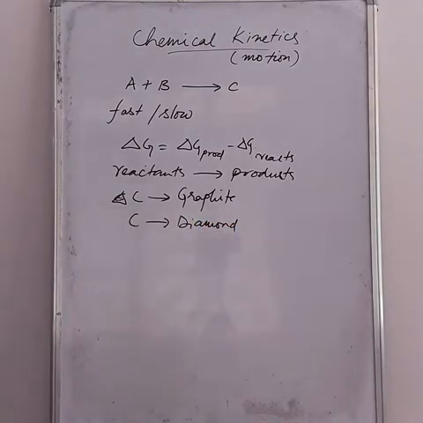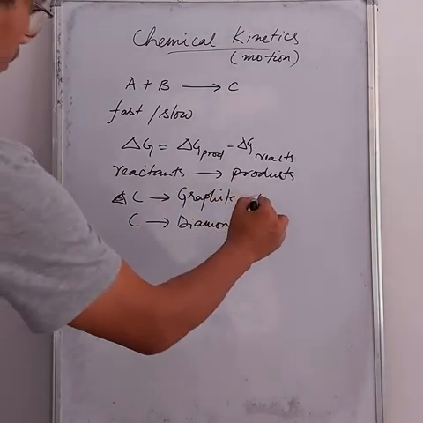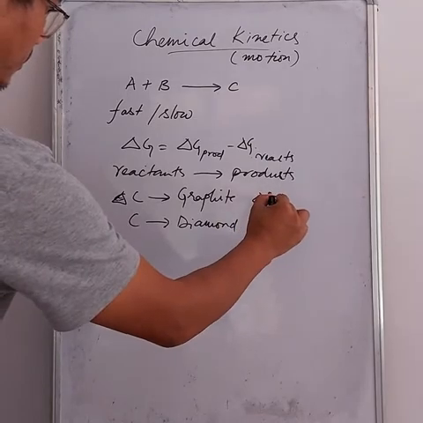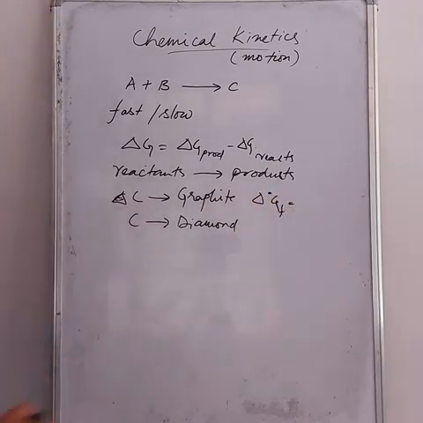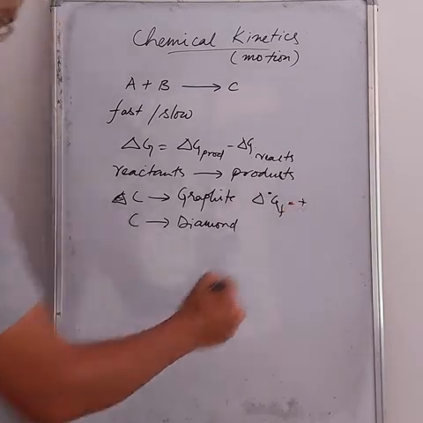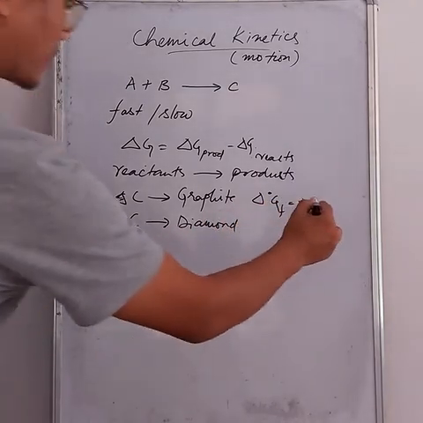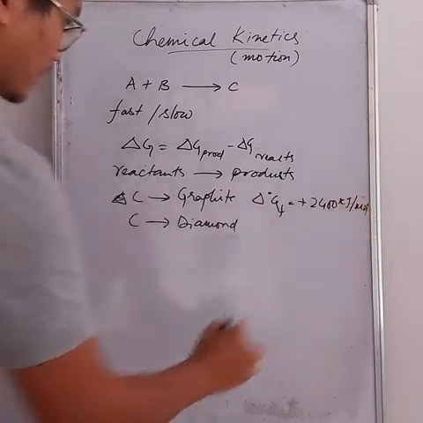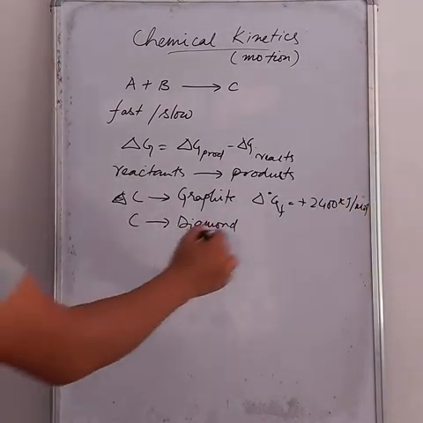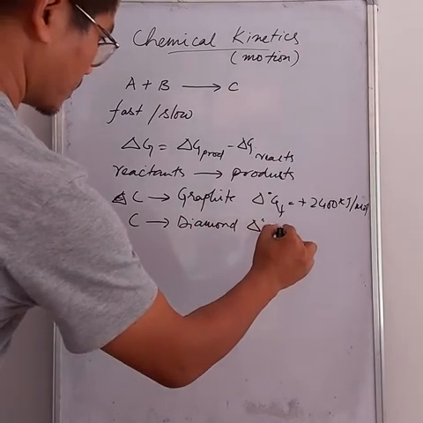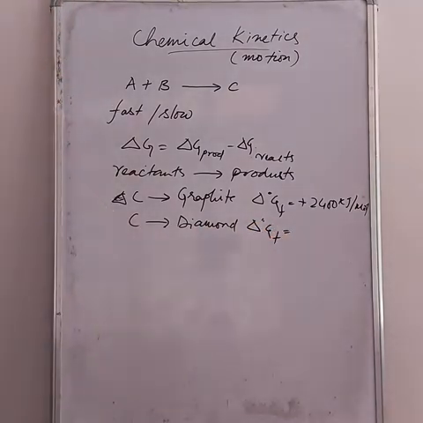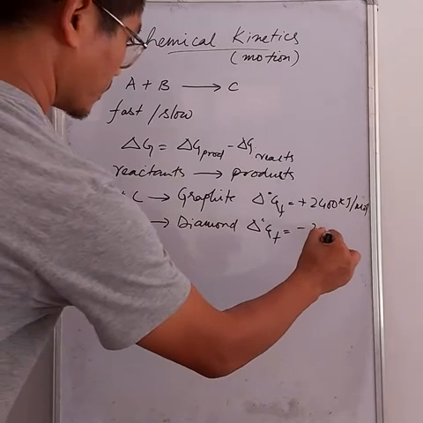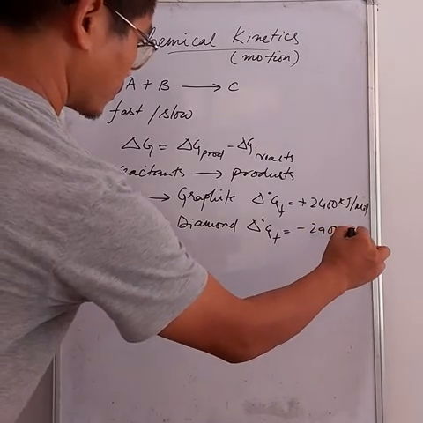The standard Gibbs energy change of graphite formation is around 2400 kilojoules per mole, and that of diamond formation is negative 2900 kilojoules per mole.